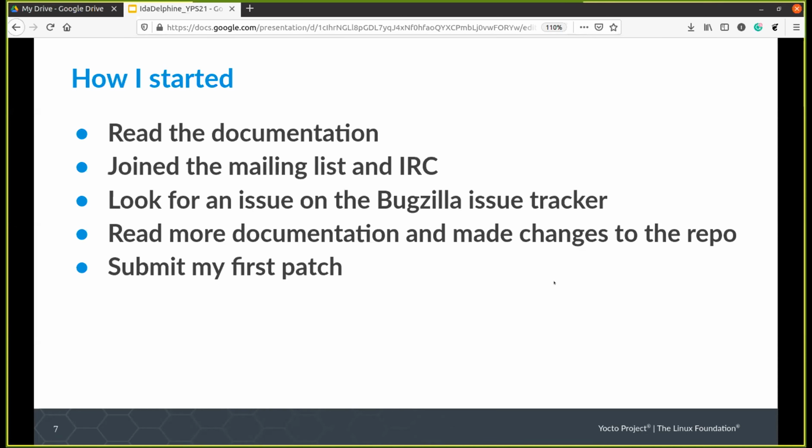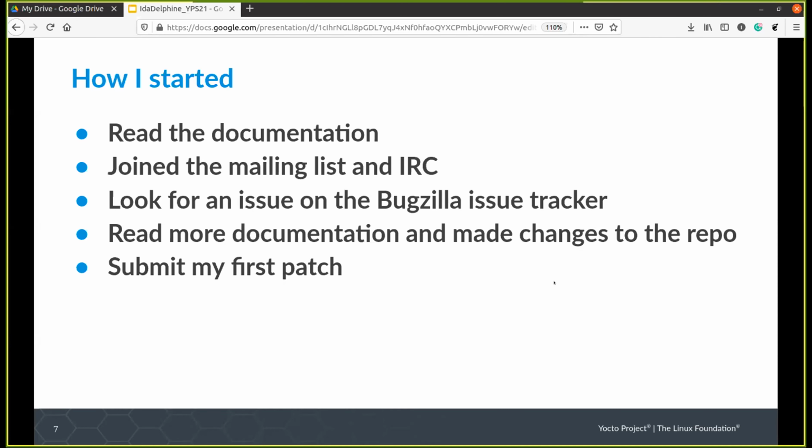And after that, I joined the mailing list and IRC, and the community was very welcoming, and I felt quite at home. Thereafter, I thought I should start contributing to the Yocto project because I had already read a lot in the documentation. So I went to the Bugzilla issue tracker and started looking for easy newcomer issues.